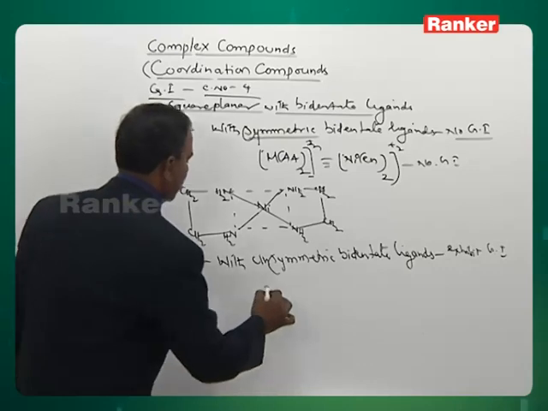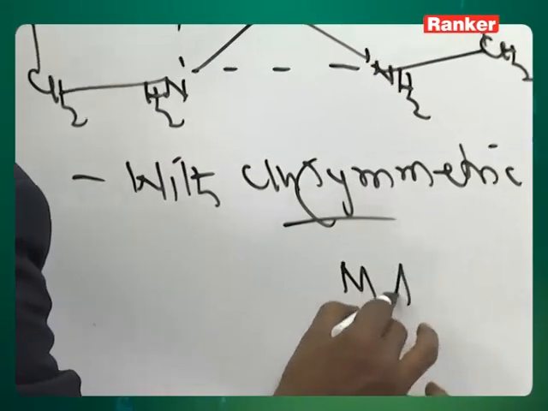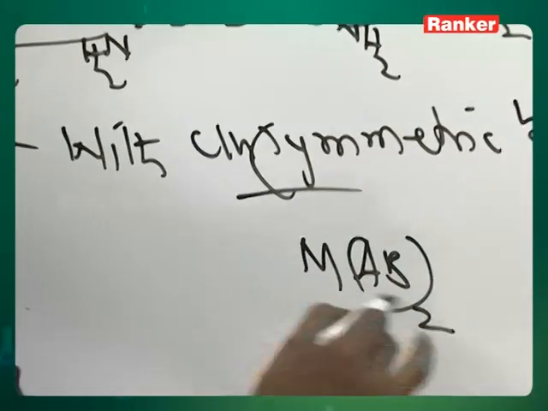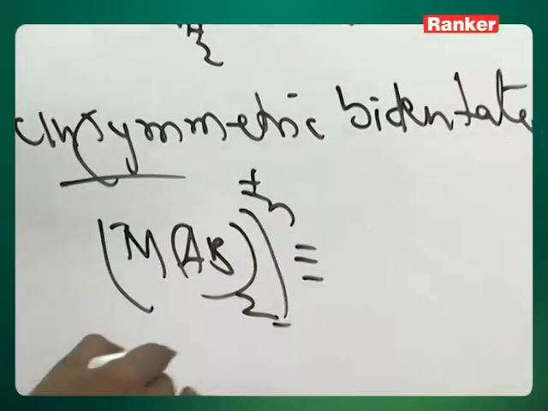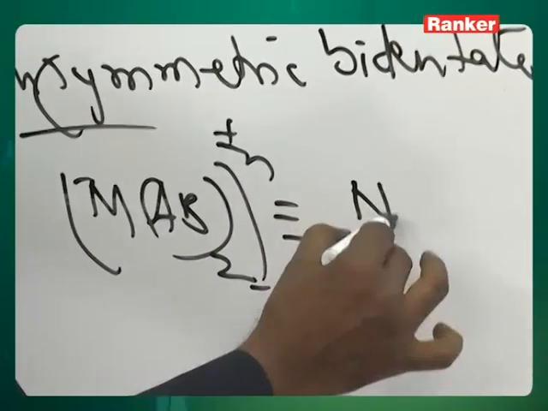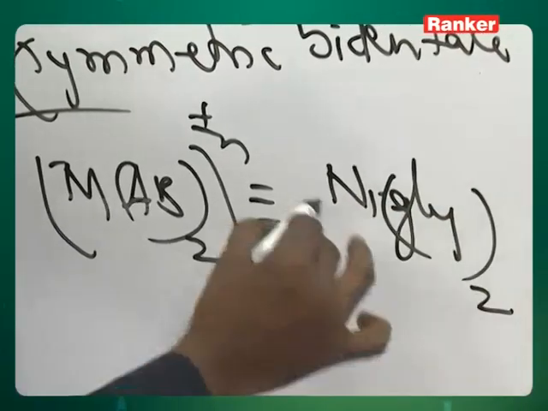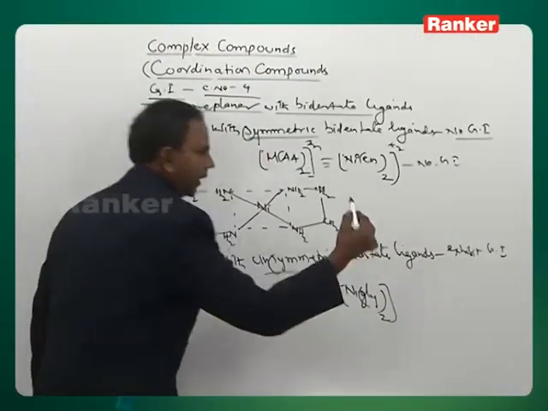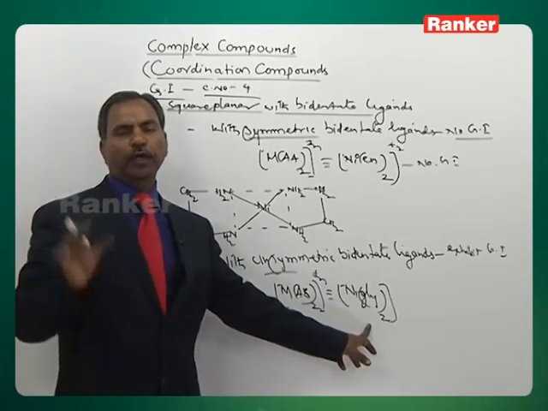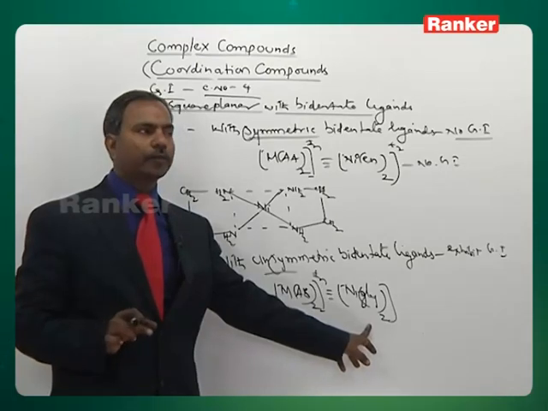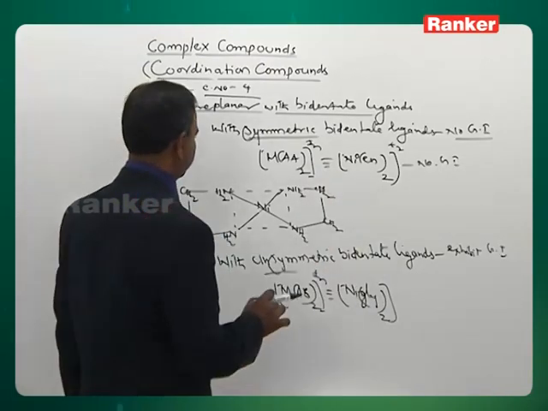What does unsymmetric mean? Two different donor atoms. M(AB) taken twice, plus or minus n. Let us say nickel glycinato taken twice. You know the glycinato ligand has two different donor atoms, one N and one O. With this I will show the geometrical isomerism.